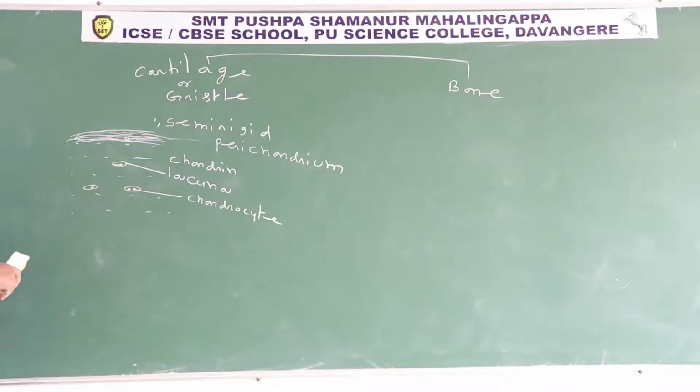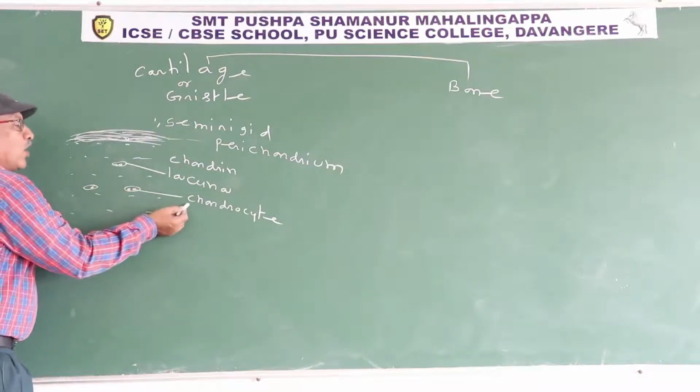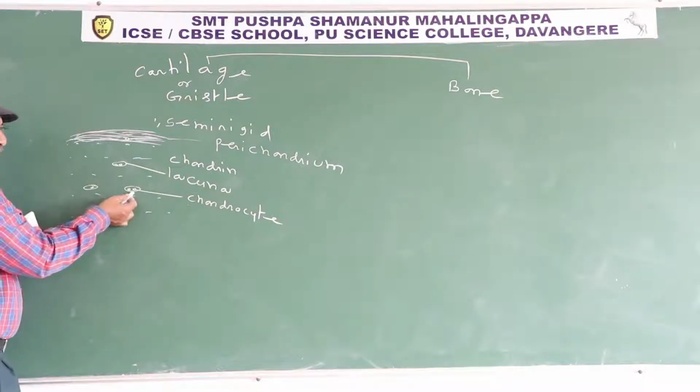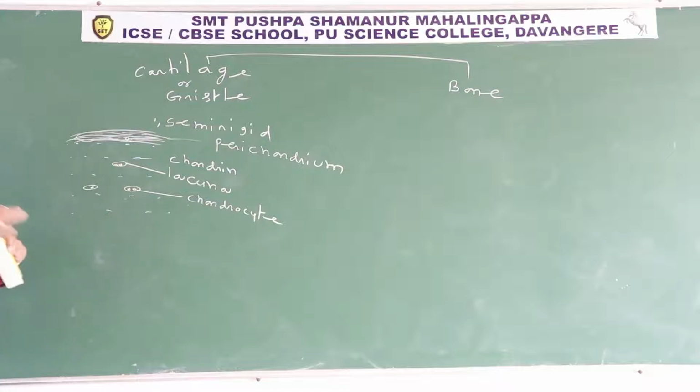What are chondrocytes? The cells present in the lacunae are known as chondrocytes. Simple definition: chondrocytes are the cells present in the lacunae of cartilage.